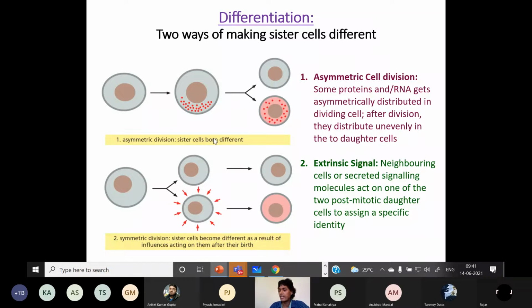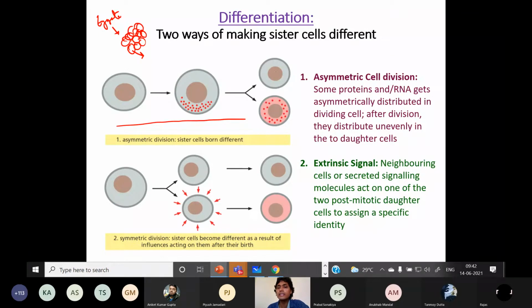So for example, as I told you, from the zygote you have many cells, like 16 cells. They are exactly the same. Now what happened during division of this cell? During the division, the genetic component gets distributed properly in the 2 cells.